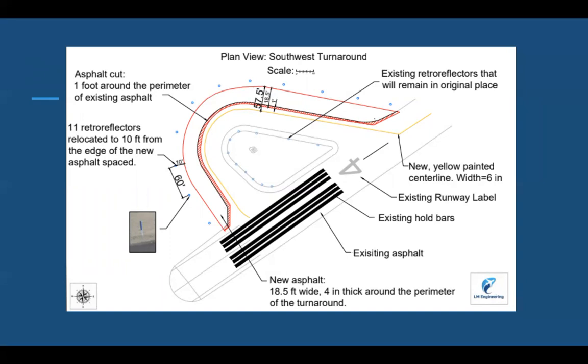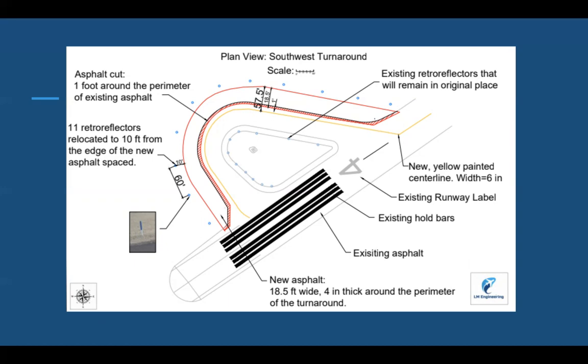And then the hatched stripe looking red area is the part that we will be cutting off, which is a 1 foot cut around the perimeter of the existing asphalt. So total, we are making this turnaround have a width of about 57.5 feet. And that is to meet the criteria of a taxiway design group 2, which is part of the FAA regulations for the size of this airport.